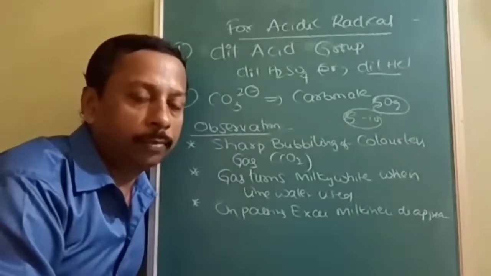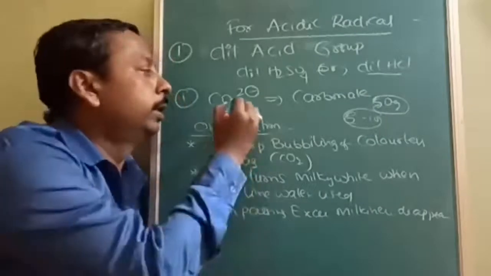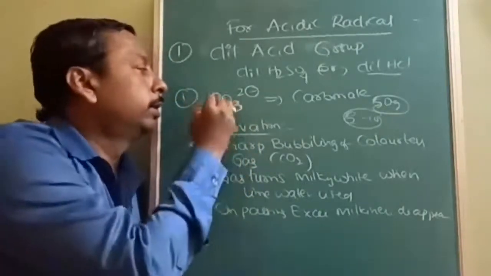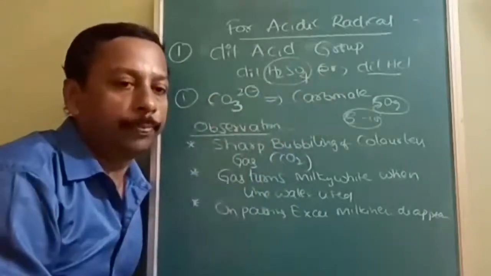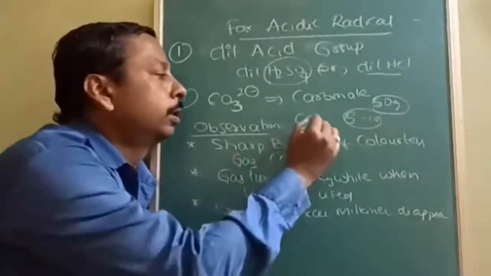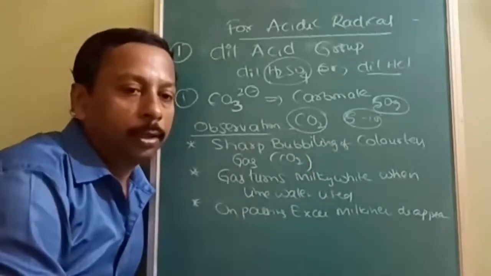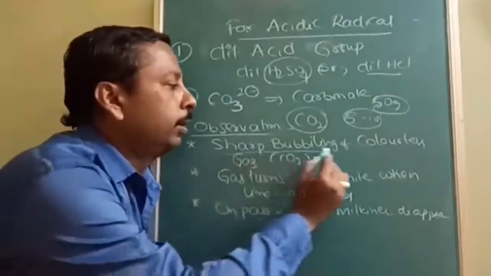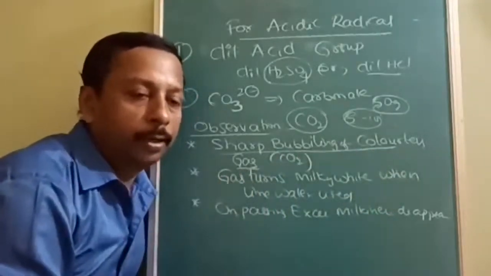Suppose out of the dilute acid group, the acidic radical present is carbonate. Then as soon as we add dilute sulfuric acid, this carbonate will be converted into carbon dioxide. That sharp bubbling of colorless gas shows that carbon dioxide is coming.